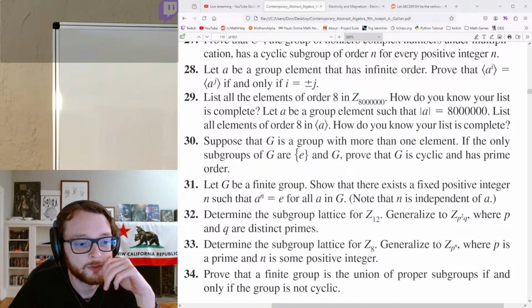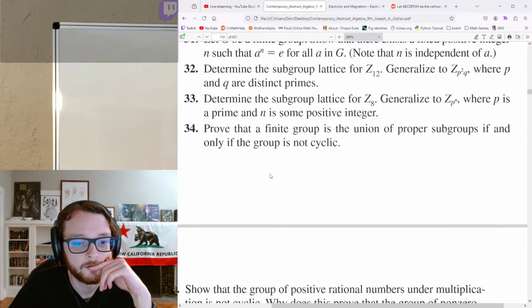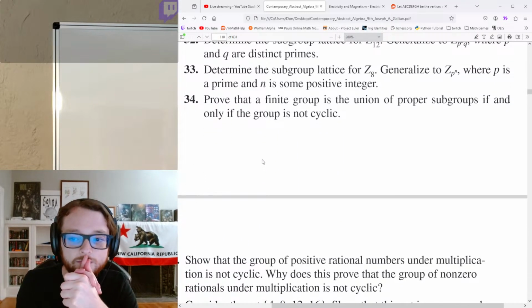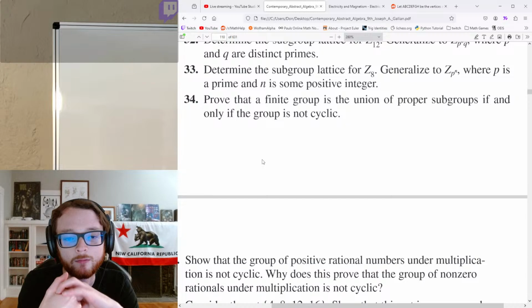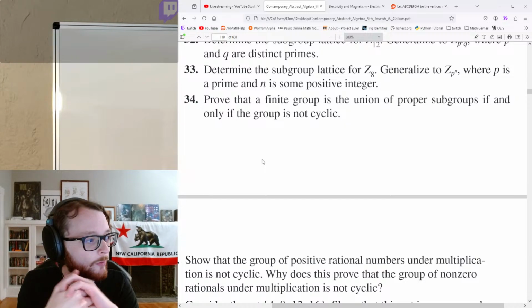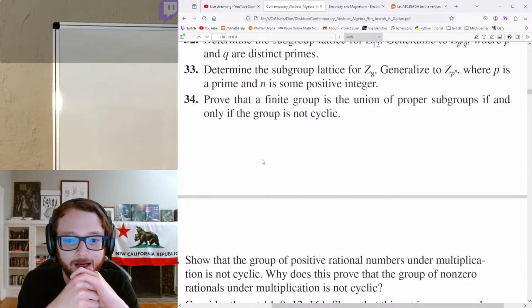The next one will also be 34. A finite group is the union of proper subgroups if and only if the group is not cyclic. I remember seeing Penn Center do this one, and I think it's the one where I figured out the idea pretty quick. I have to remember what that is, though.